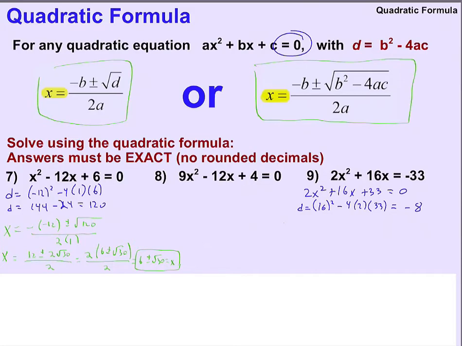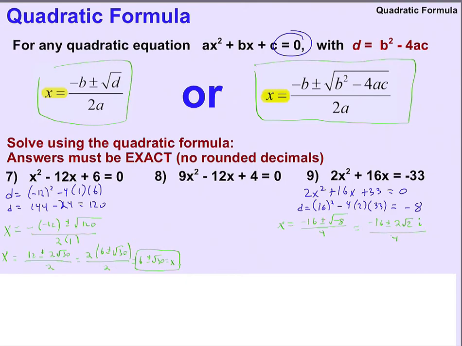So our solution to the quadratic using the quadratic formula is x equals negative b plus or minus the square root of the discriminant over 2a. Don't be scared by that negative under the square root. We know what to do with that. It's an imaginary number. So I can reduce the square root of 8 and take out the negative 1.